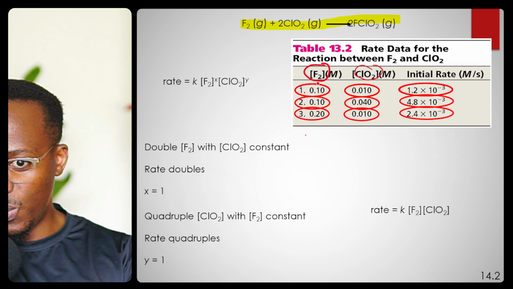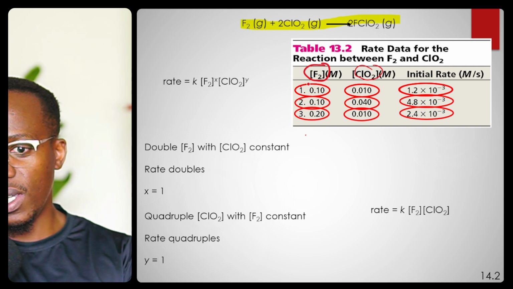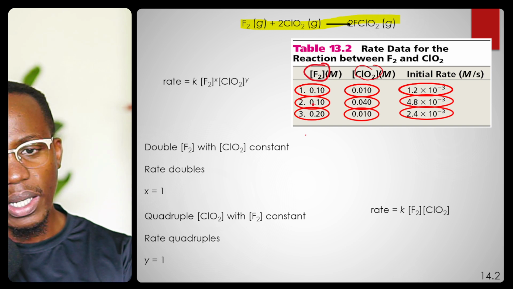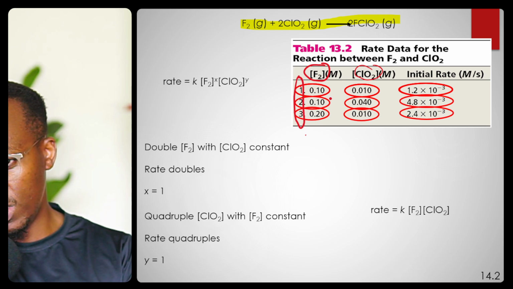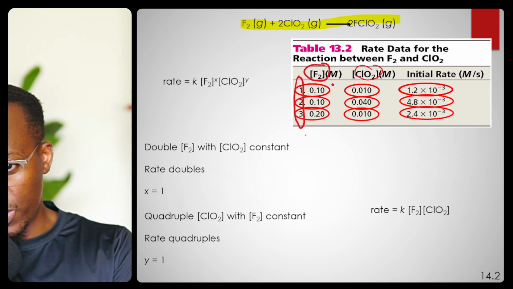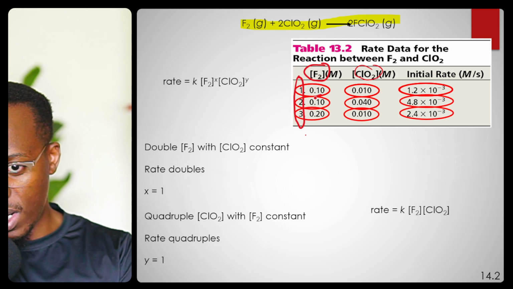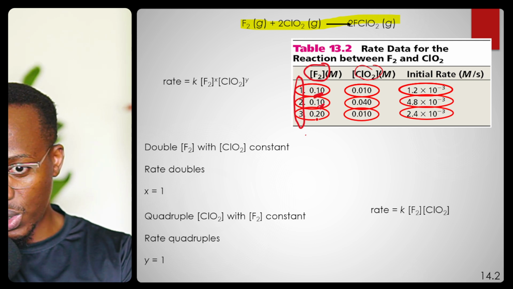Never mind, this is the number of the experiment. I almost got it wrong. So 0.1 is the concentration, 0.1 is the concentration, 0.2 is the concentration. Here you have 0.01, 0.04, 0.01, right?